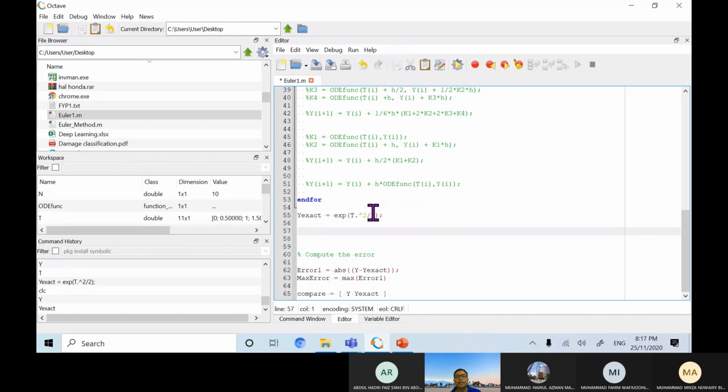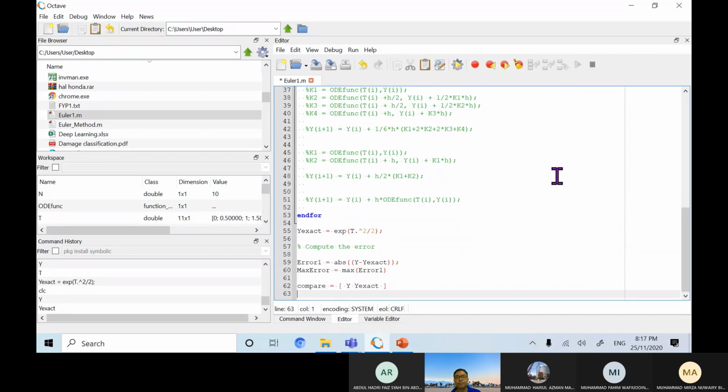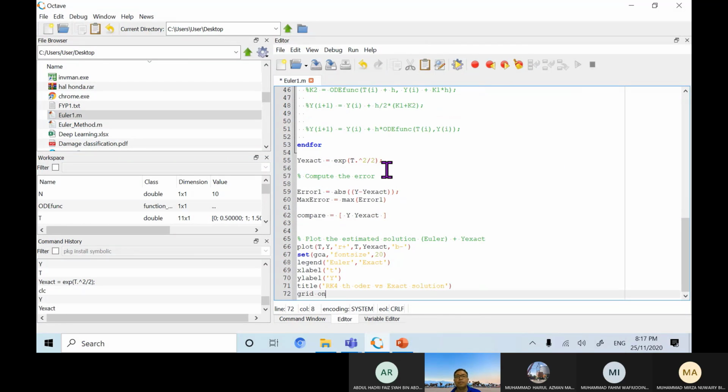Nampak ni? Yang ni saya nak bawa ke bawah. Saya cut. I will compute the error dulu. Yang plotting saya buat ke bawah. Okay. So kita tengok error adalah kita tolakkan you punya estimated Y from Euler dengan exact. Saya tolakkan. Kemudian kita ambil nilai yang positif saja, absolute.